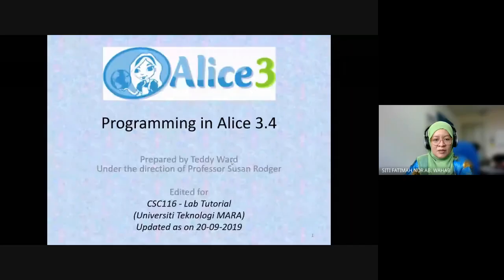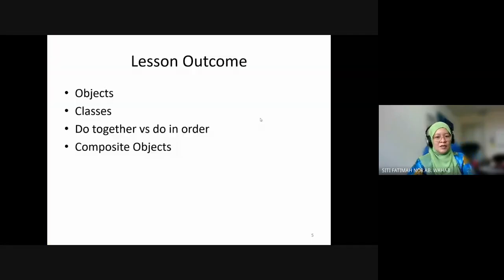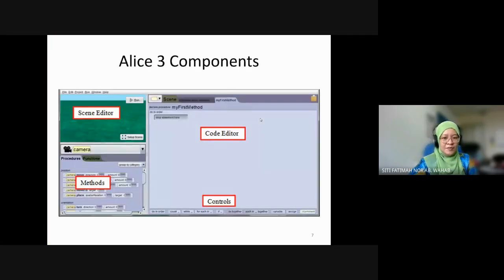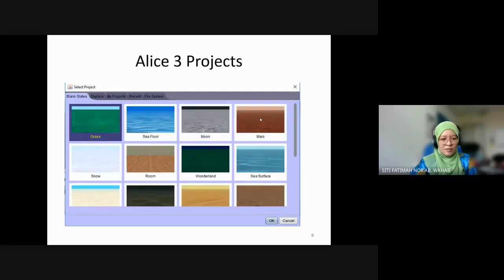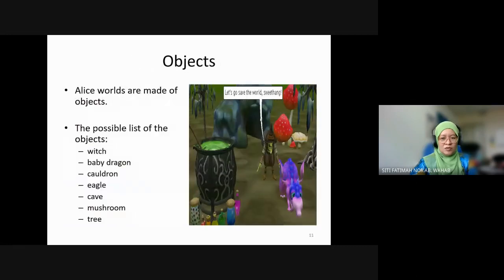Okay, dah boleh dah. Yang ni kita dah buat tadi. Okay. Kita dah tengok. So, the possible list of the object in our project will be the wish, baby dragon, quadrant, eagle, cave, mushroom and tree.